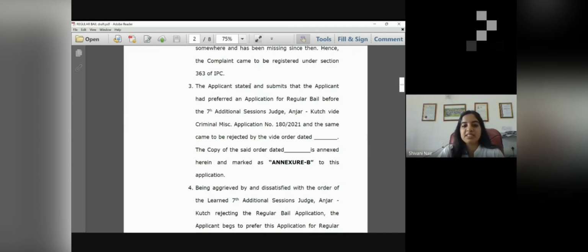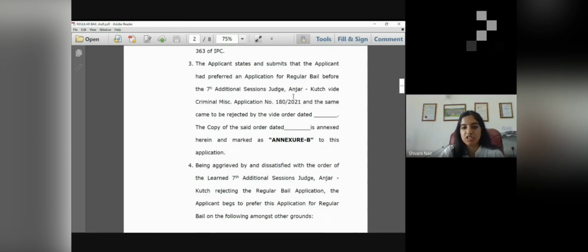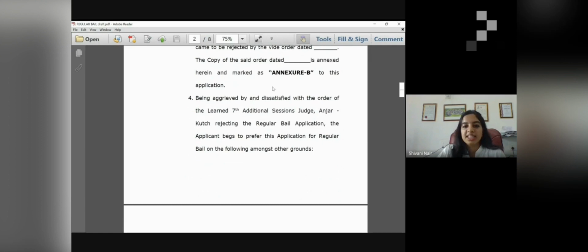Then the applicant states and submits before the court that this is an application preferred for regular bail. They had filed an application before the Additional Sessions Judge at so and so place with an application number, and the same came to be rejected with an order dated so and so. The copy of the order is to be attached with this statement.